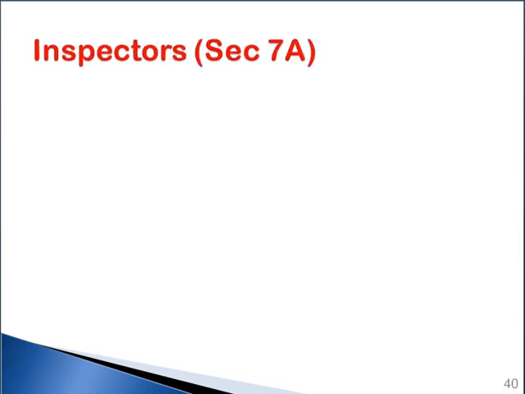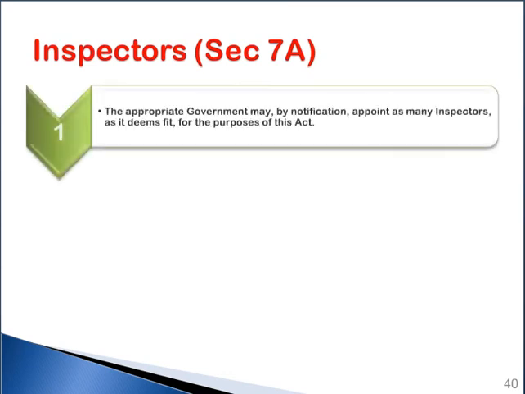In the Act, appropriate government has been given power to appoint people to act as inspectors in the Act. It states that the appropriate government may by notification appoint as many inspectors as it deems fit for the purpose of this Act.